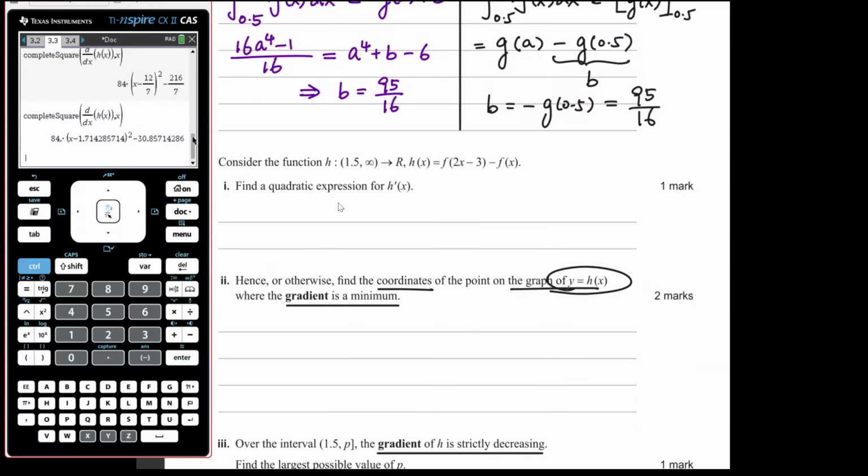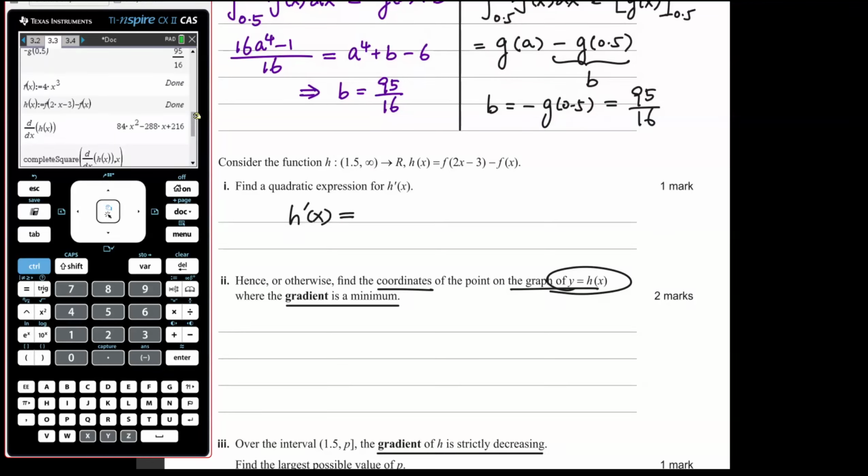So anyway, it doesn't specify it has to be turning point form. So you might want to say 84x to the power 2 minus 288x plus 260 for x greater than 1.5, or 84 times (x minus 12/7) squared minus 216/7.